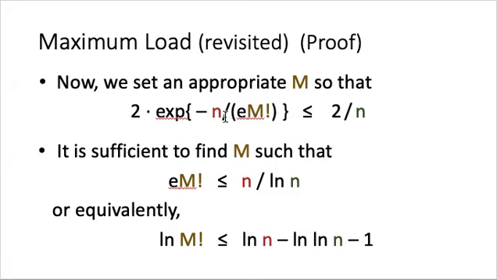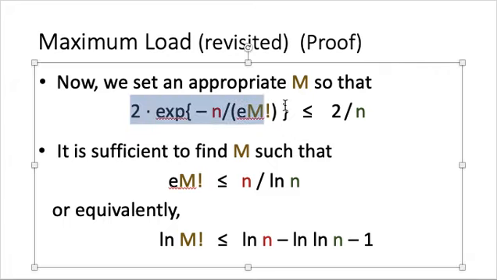What we want here is for the right-hand side to be smaller than or equal to 2 over n. If we want to have something like this, we can take log on both sides and move terms around. The corresponding M that we should find should satisfy e M factorial less than or equal to n over log n.